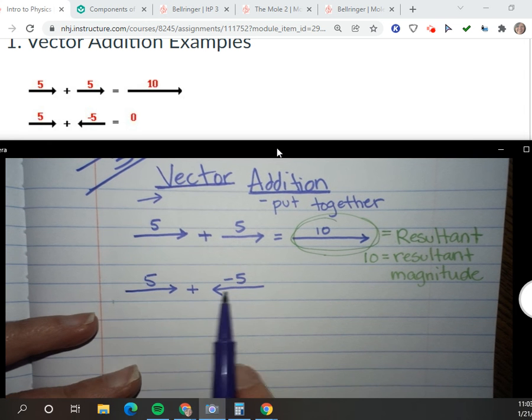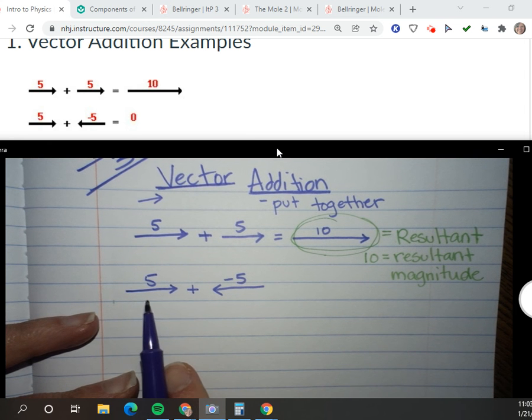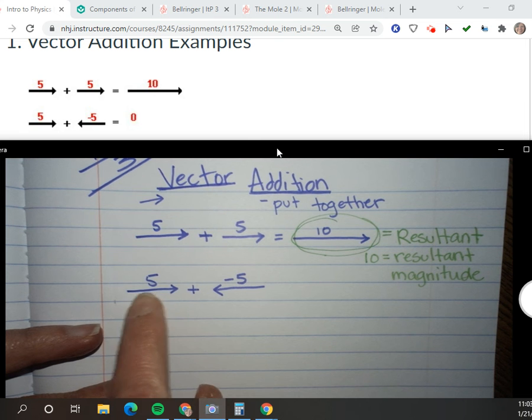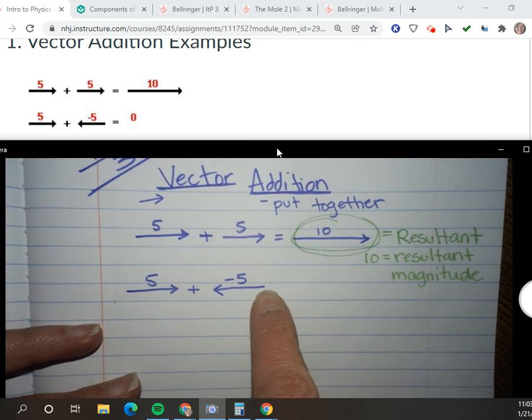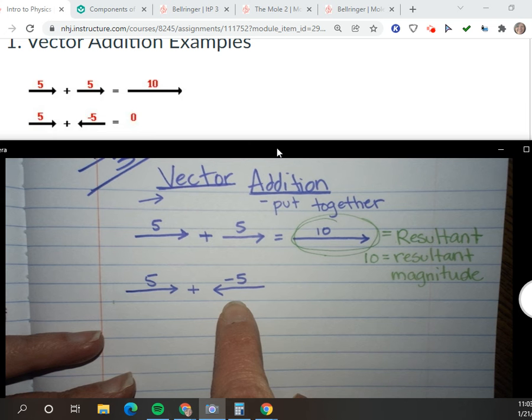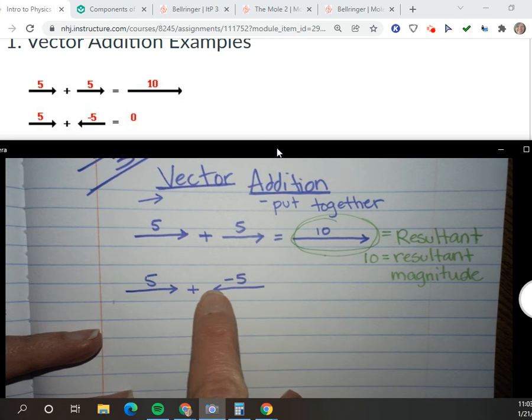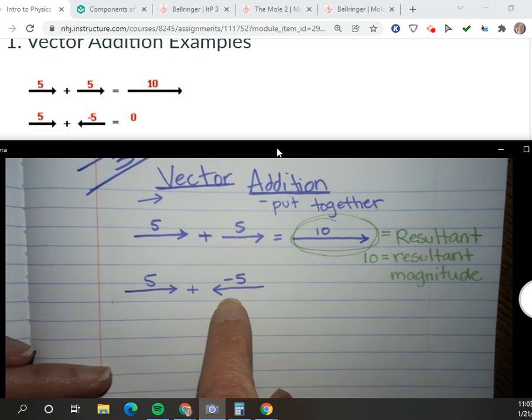One thing we want to point out, the magnitude of a vector is always positive because it is a length. I can't have a negative length. That doesn't even make sense. But when the vectors are going in opposite directions, one of them has to be negative in order to be able to mathematically compare what is happening.